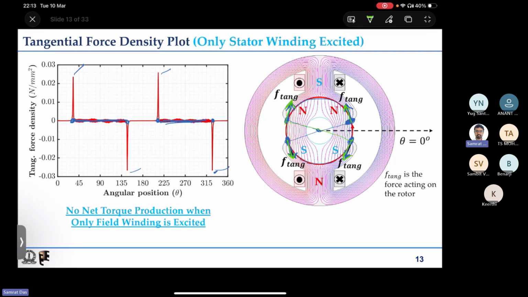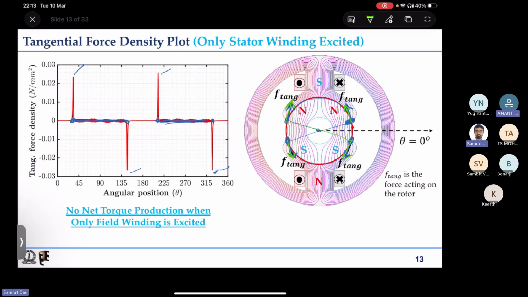They tend to make the rotor rotate in the anti-clockwise direction, but both these couples are equal, so they tend to cancel each other. So for this case there is no net torque acting on the rotor.